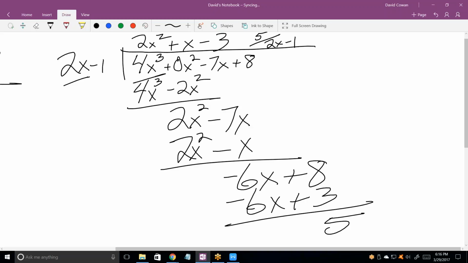The key to this problem really is figuring out what to do with that remainder. Not everybody would realize that a remainder of 5 means that I'm adding 5 divided by 2x minus 1 to the answer. In other words, my answer is 2x squared plus x minus 3 plus 5 divided by 2x minus 1. All right.